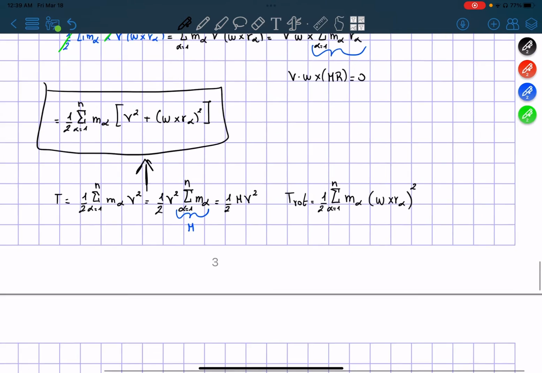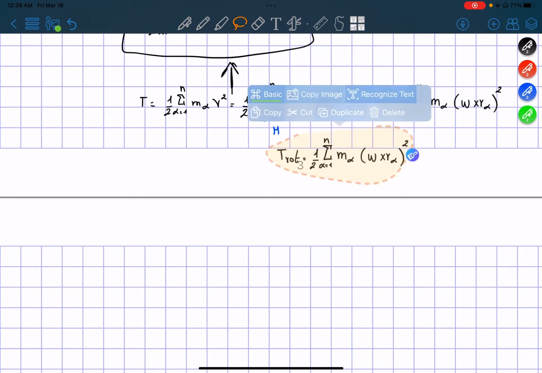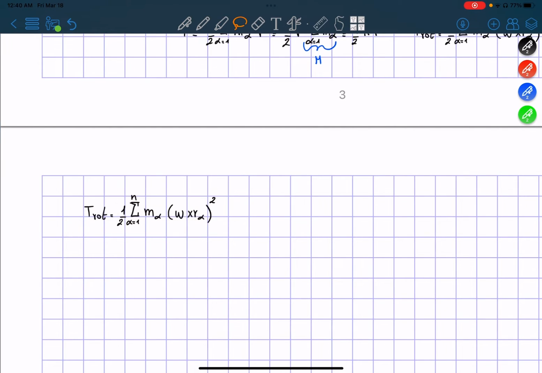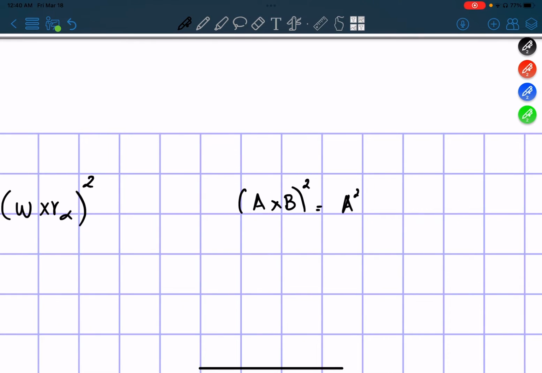So one more step that we can do is take this part right here, and by using a product rule, that a cross b squared is equal to a squared b squared minus a dot b squared.